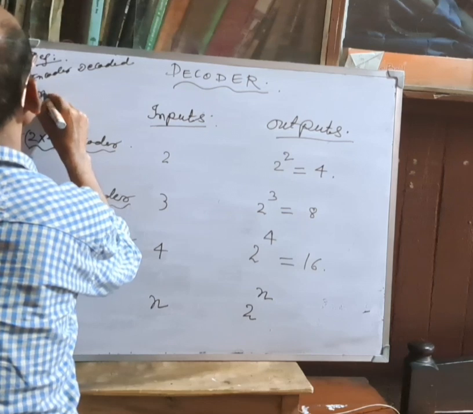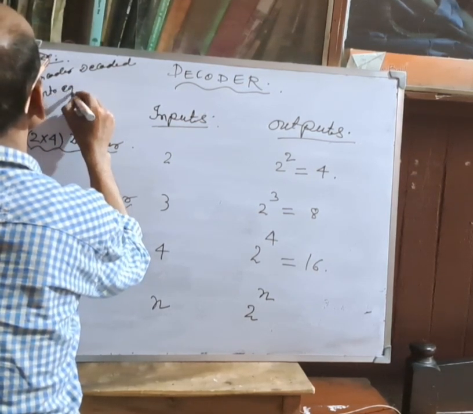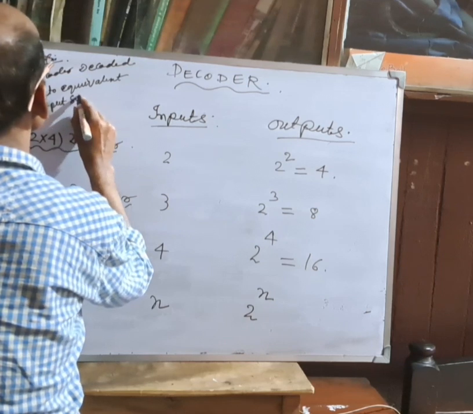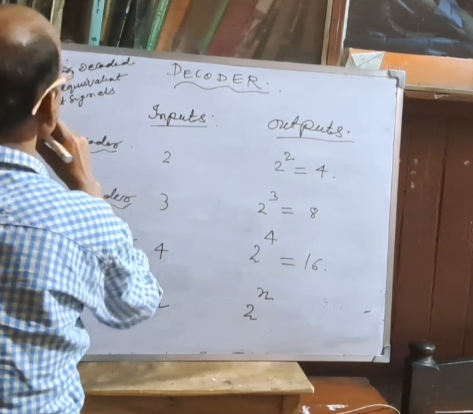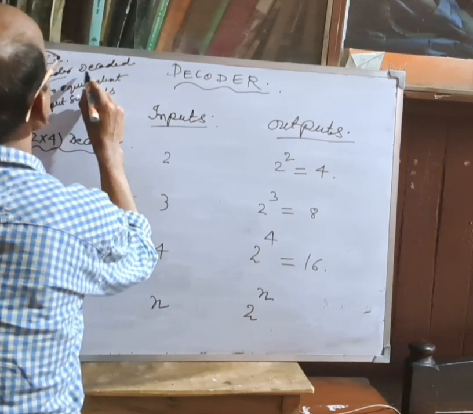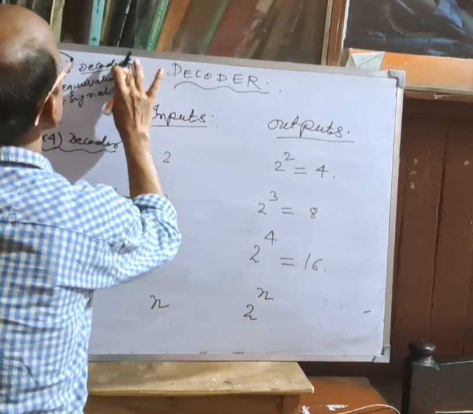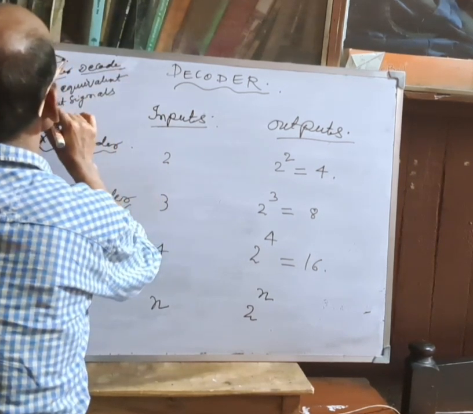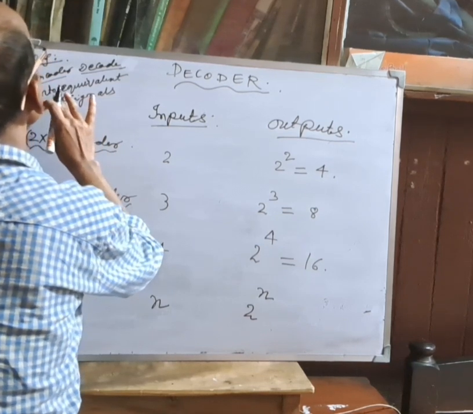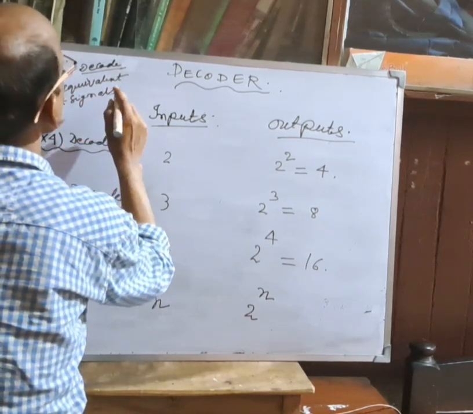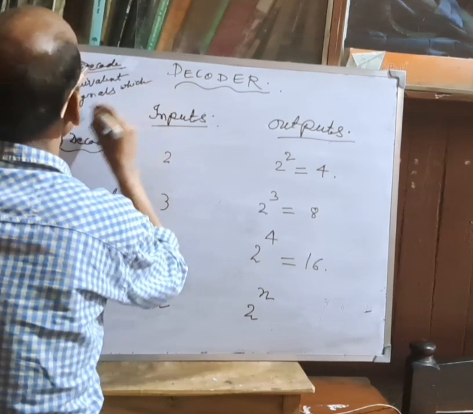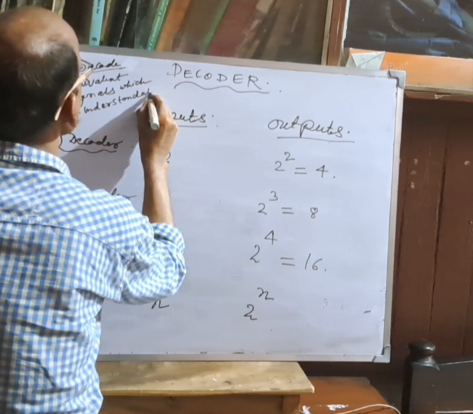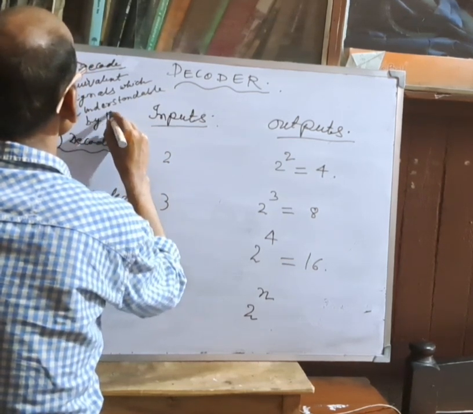Encoder decode into equivalent output signals which are understandable by humans.